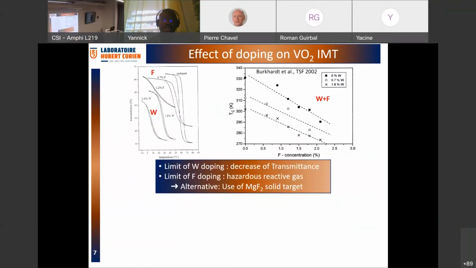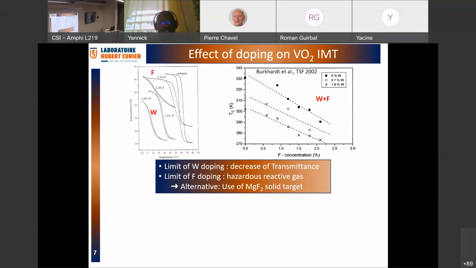Here, to focus on two dopants that are the most widely used in the literature: tungsten and fluorine. When we dope vanadium dioxide with tungsten, we decrease the transition temperature, but the limit is that we also decrease the transmittance, which we don't want.